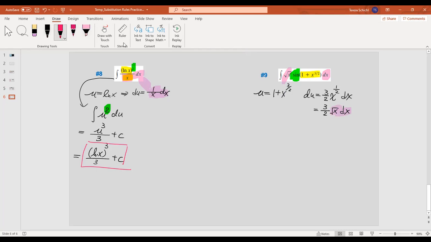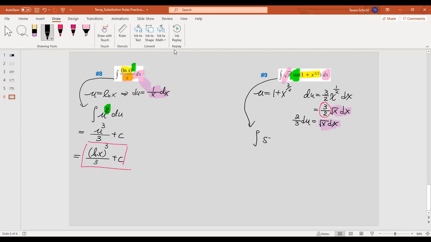Of course, I have this extra constant here, but the constant doesn't bother me, so I can multiply by 2 over 3. I would say 2/3 du is equal to the square root of x dx. That's good. Now we can put it into a form we like.